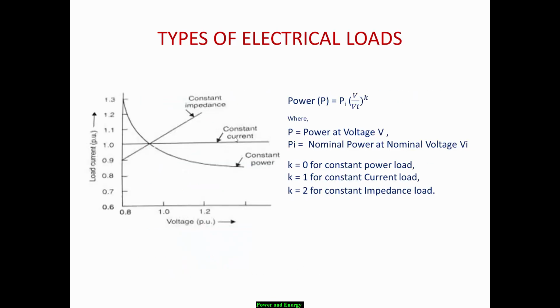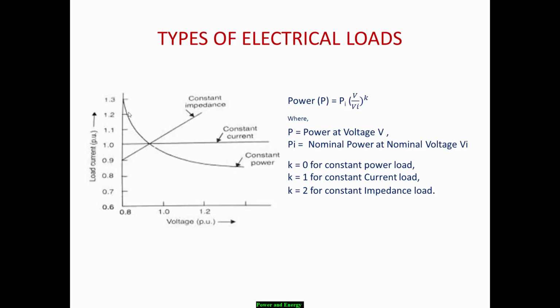Let us understand these electrical loads in terms of voltage and current relationship. Let me take constant current load. Have a look at this. Irrespective of the voltage change, current remains constant. So in this category, if the voltage increases, the power drawn from the supply increases since current is constant.